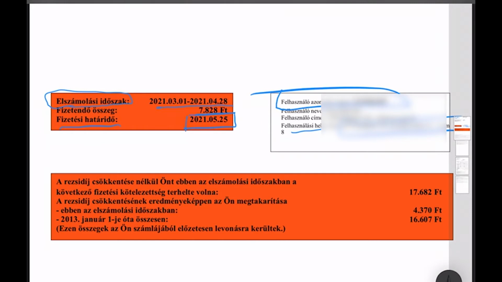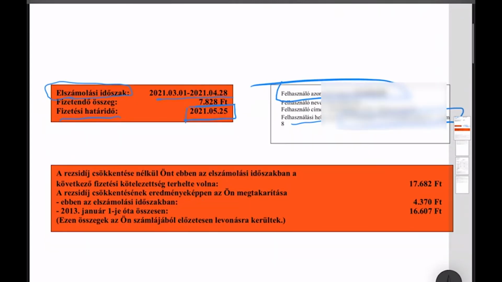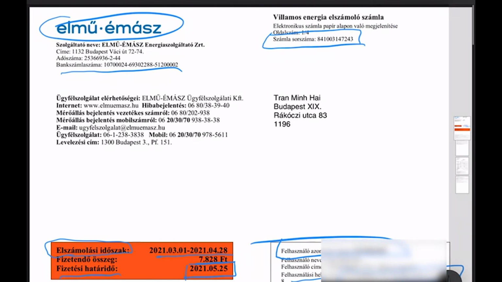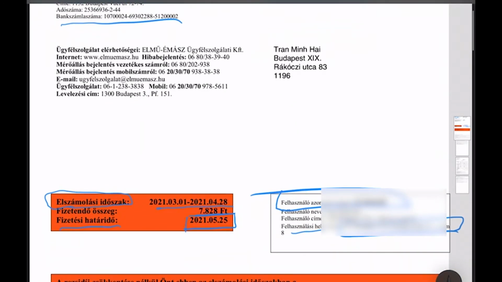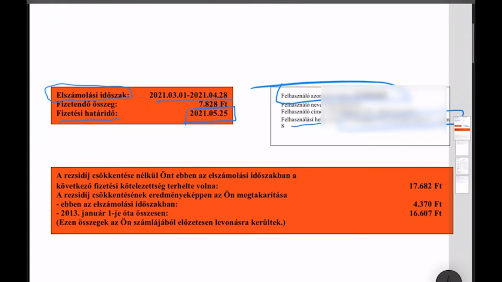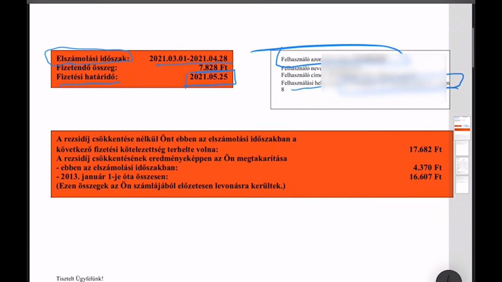This deadline is not really a hard deadline, but it's advisable to pay before these days, because they might give you interest if you're not paying, or you forget about it and it accumulates up to X thousand amount, and it's not really good for your financials.